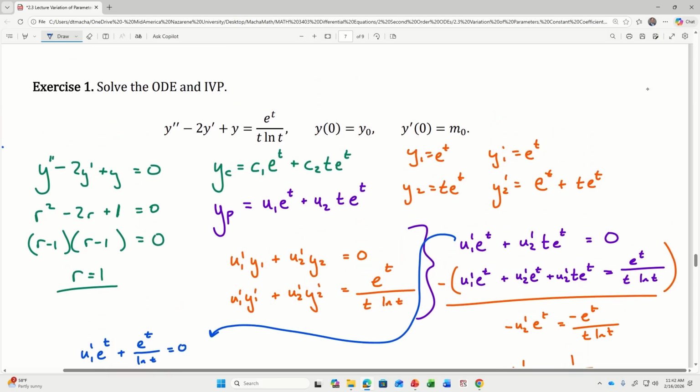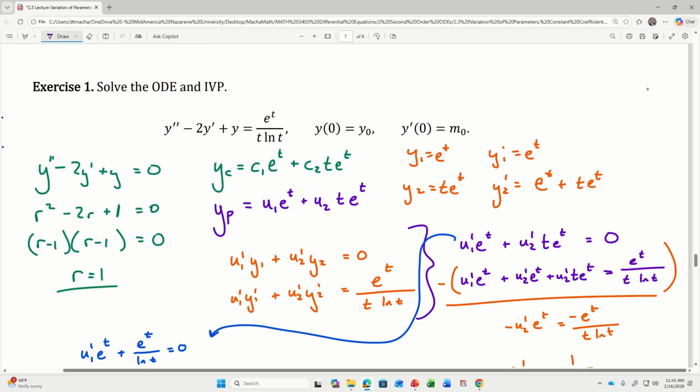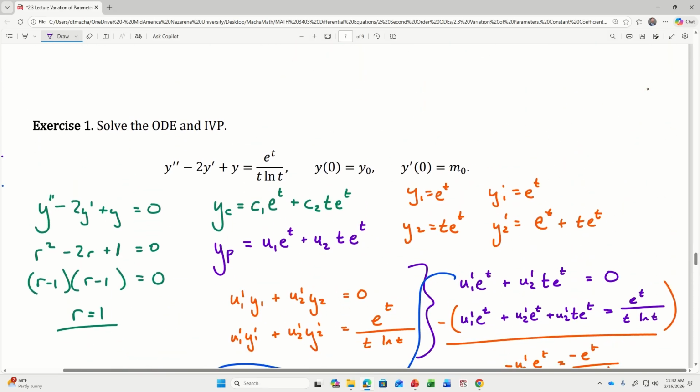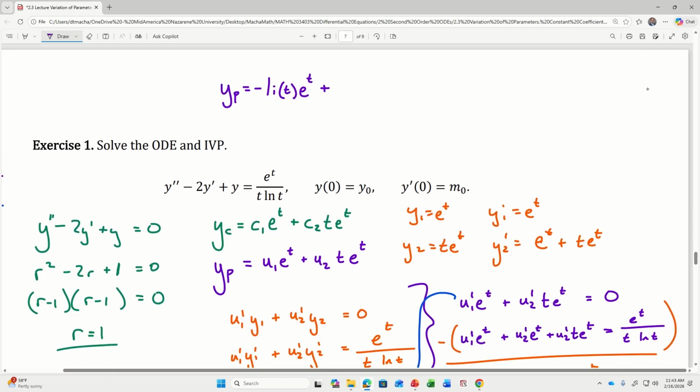So we're almost there to find my particular solution. Because the particular solution is u1 times e to the t. So that's going to be the negative logarithmic integral of t times e to the t, plus u2, which is the natural log of natural log of t, times t times e to the t.